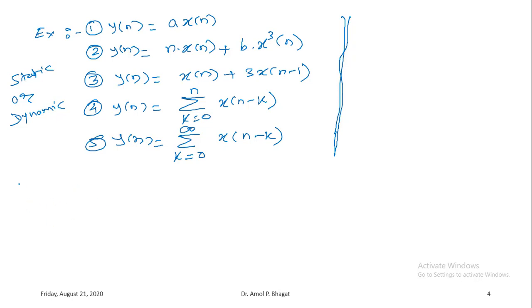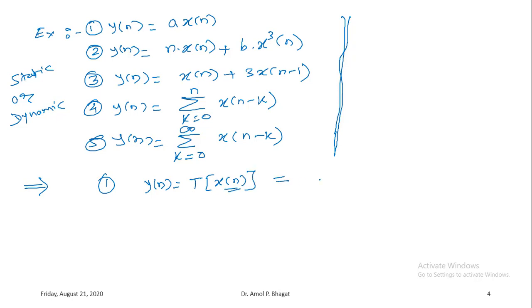So how will you identify the solution here? If we start with the first input output equation, how is the output y of n generated when I apply the current input x of n to the discrete time system capital T?